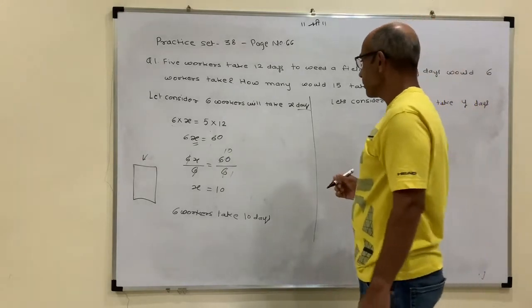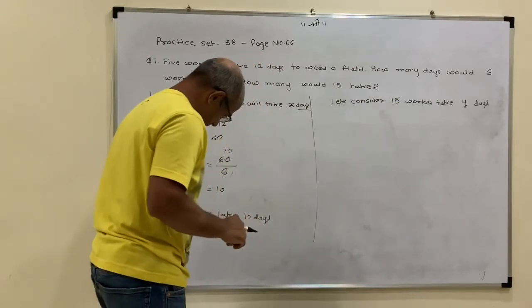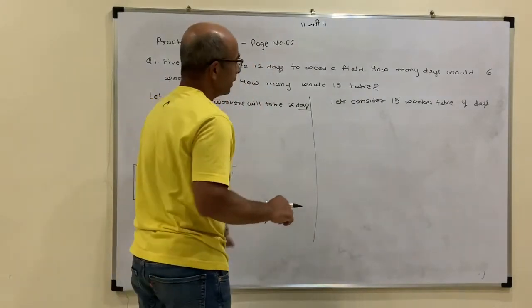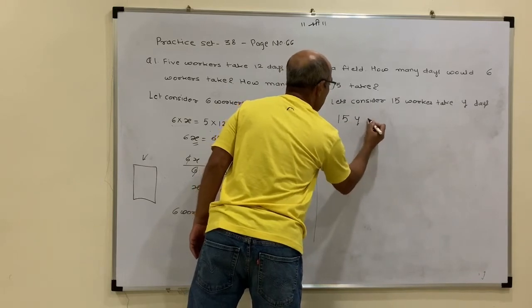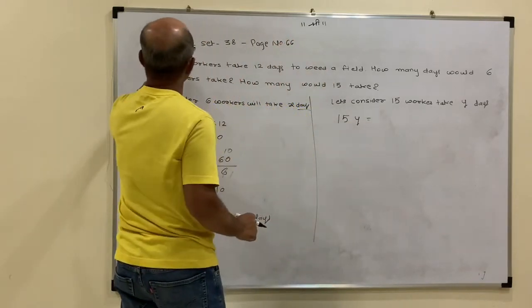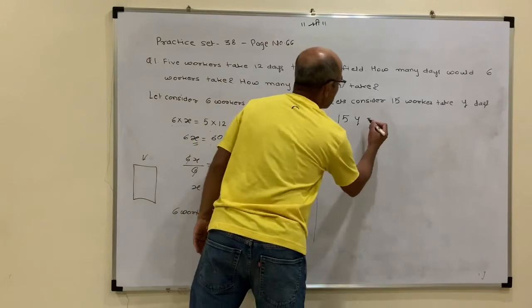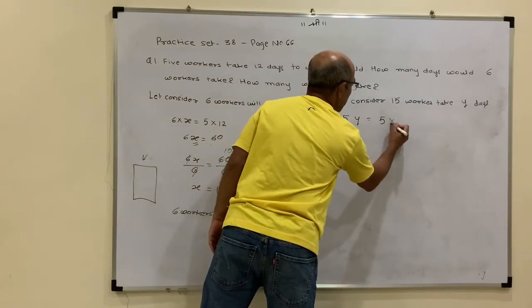So again, 15y equal to 5 workers into 12 days, 5 into 12.